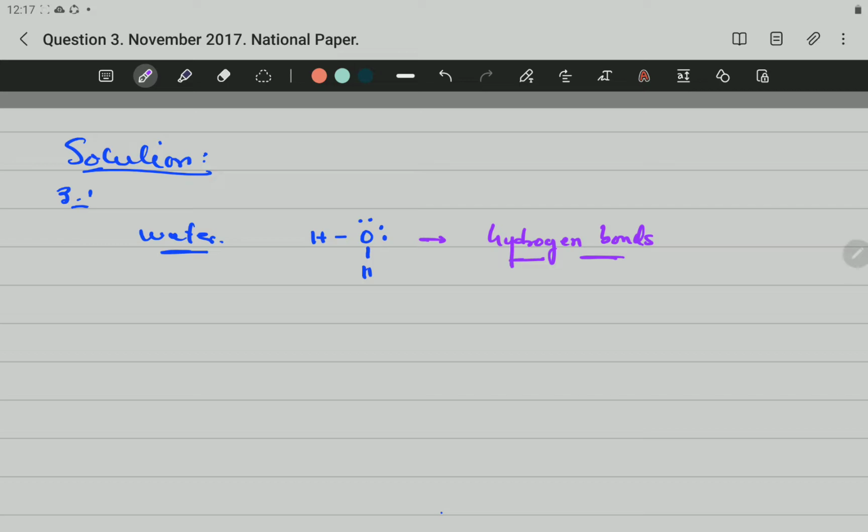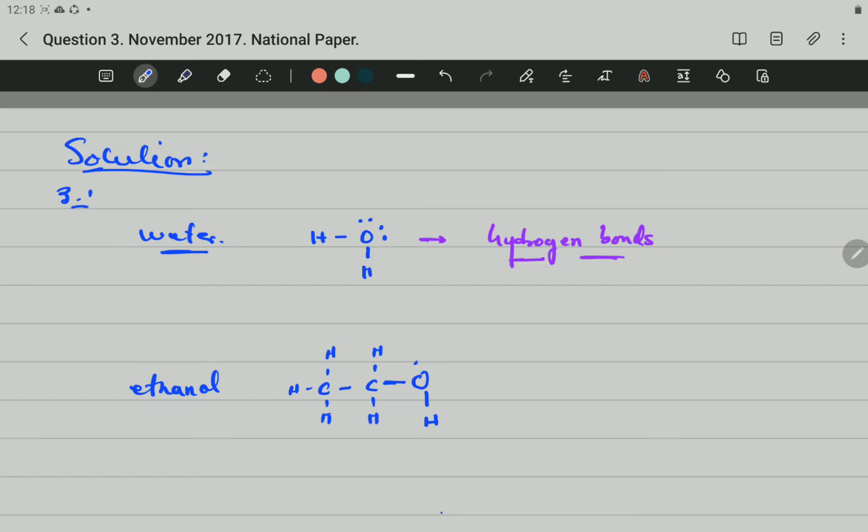Let's go to ethanol. Ethanol will be a C with 3 H's, another carbon here, and here will be oxygen, and oxygen is connected to hydrogen.